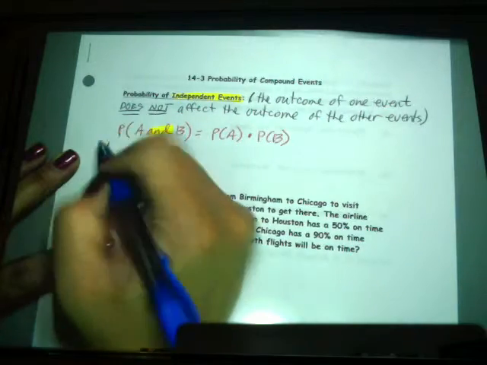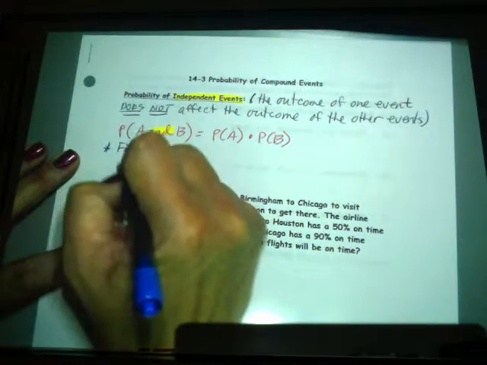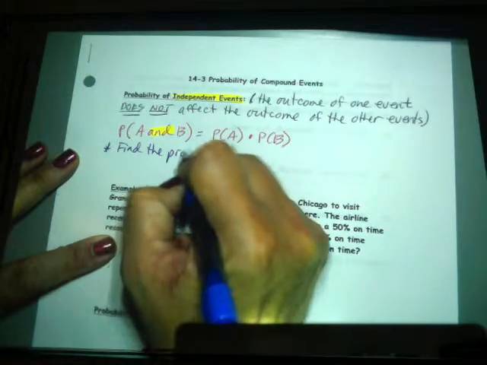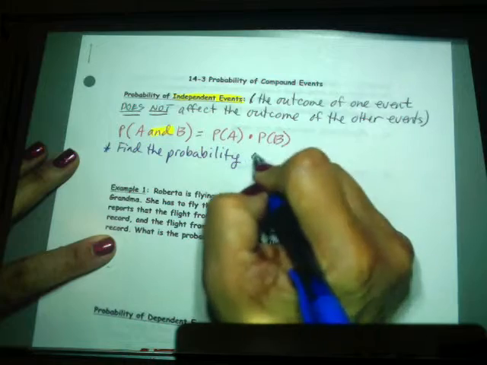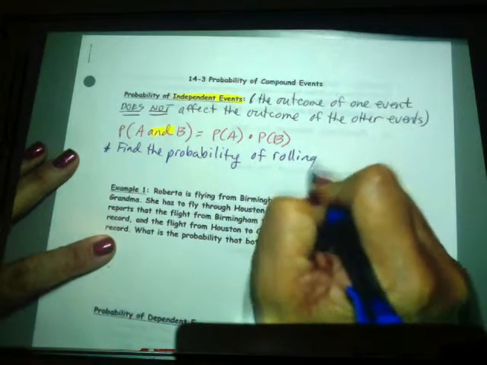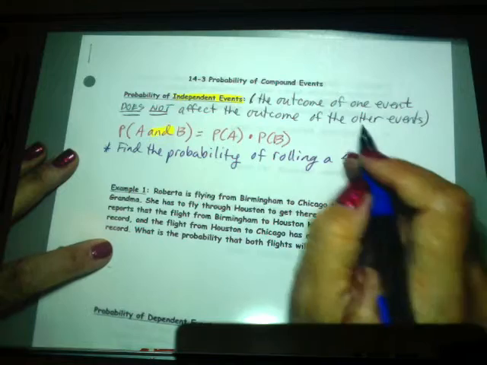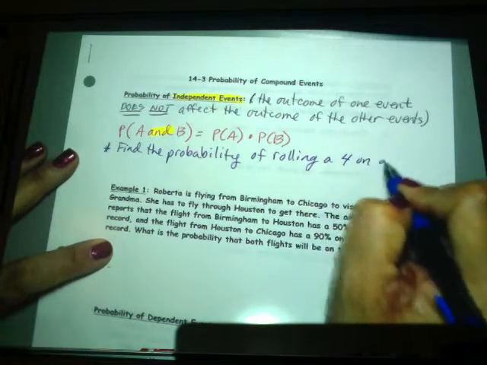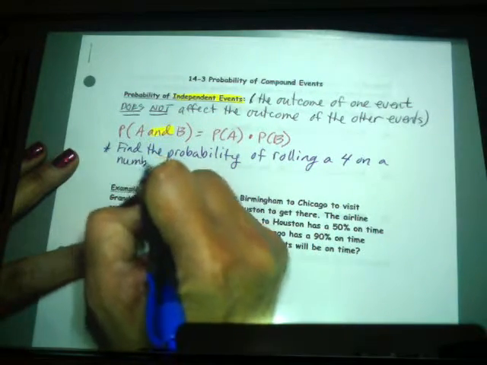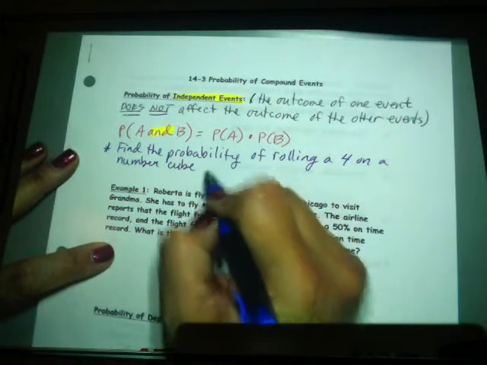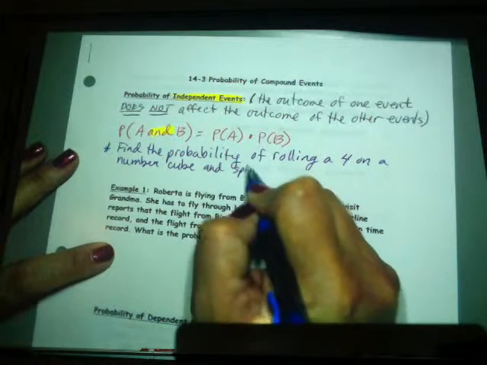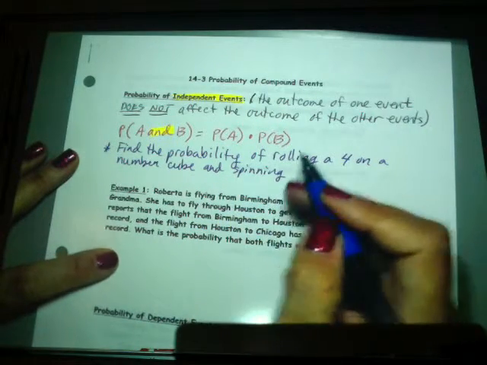So here's some examples of independent events. So they might say, find the probability of rolling a 4 on a number cube and spinning the color red.